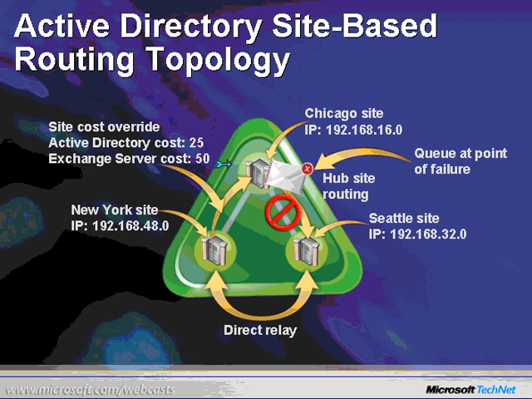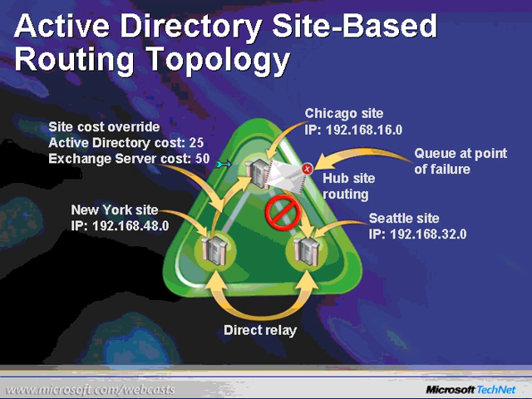if we have an Exchange hub transport server in the New York site and an Exchange hub transport server in the Seattle site, then they will direct relay to each other, right? But it will take advantage of the network topology defined.